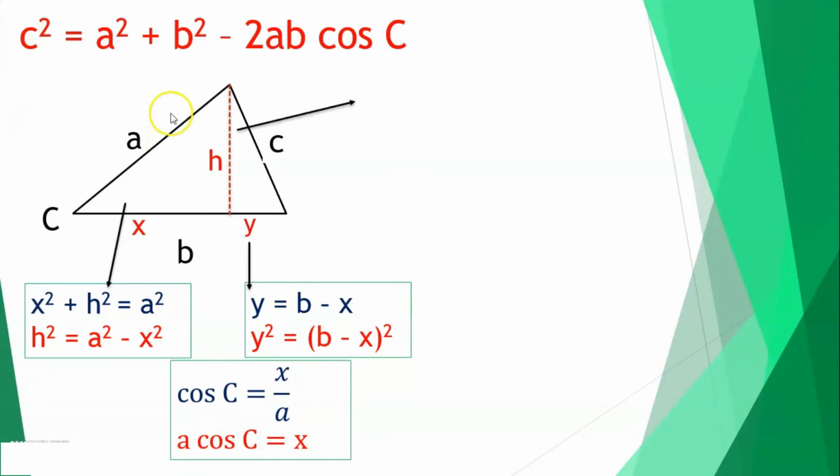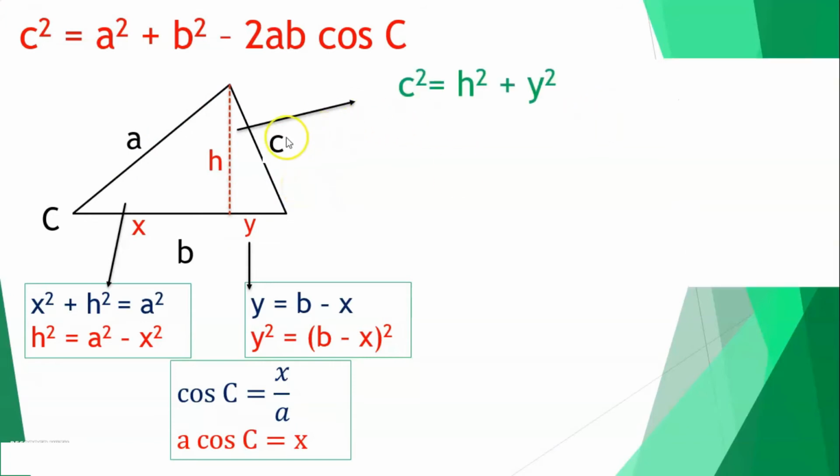Now, referring to this right triangle here, we can form, using the Pythagorean theorem, this equation: c squared is equal to h squared plus y squared. Now, take note, h squared we can replace with a squared minus x squared, and y squared we will replace with (b minus x) squared.